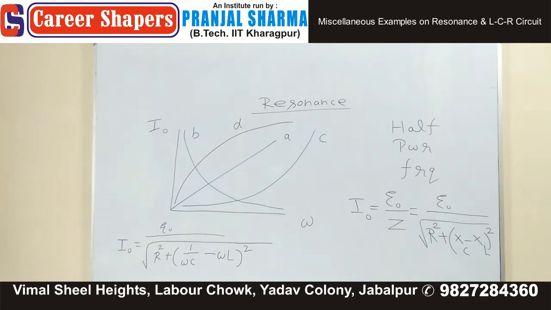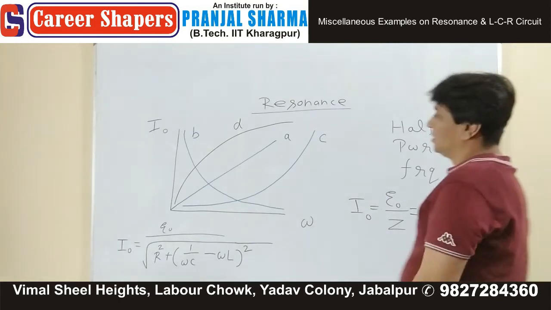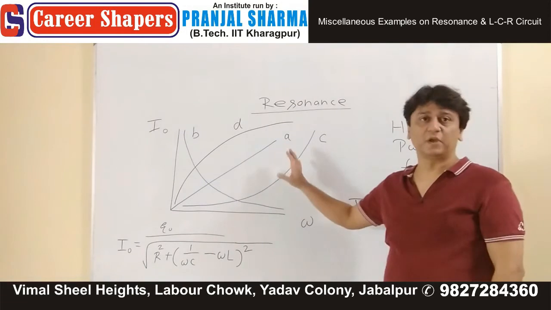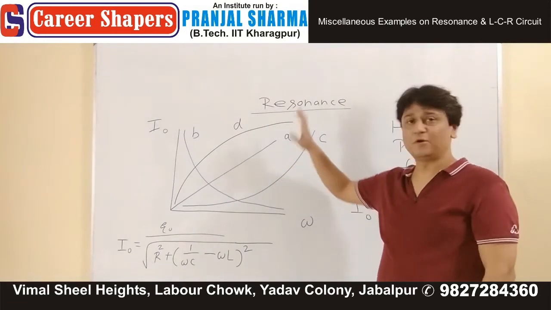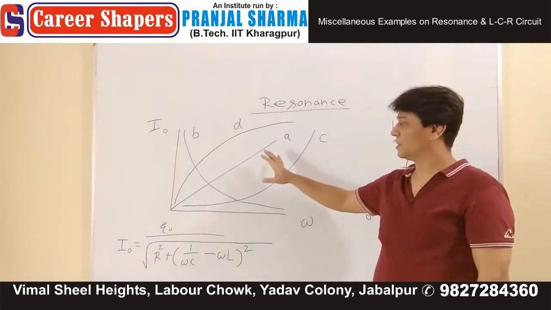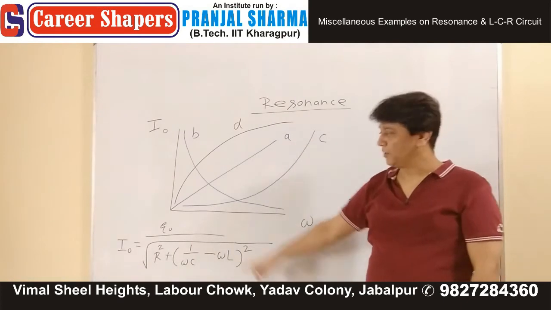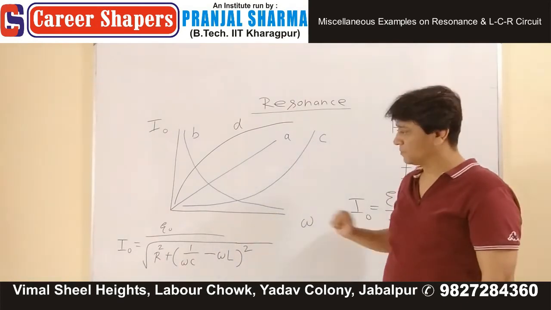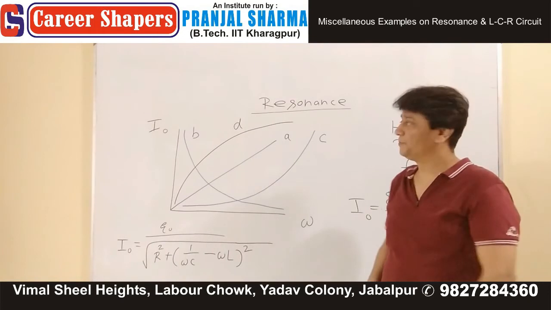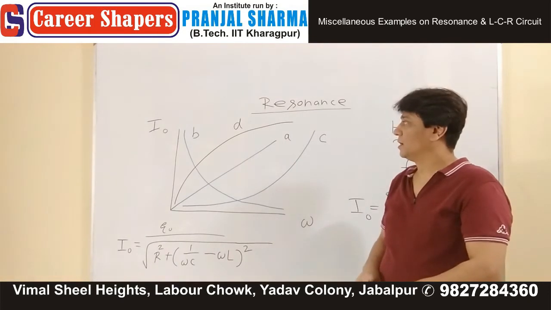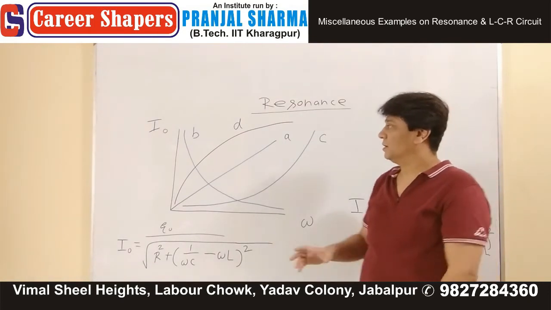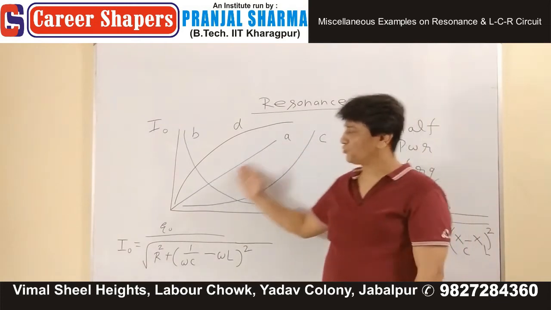Well, everybody is answering D. So the answer is none of these. None of these four graphs represent the correct graph between I naught and omega. Why? First of all, it's not a straight line.